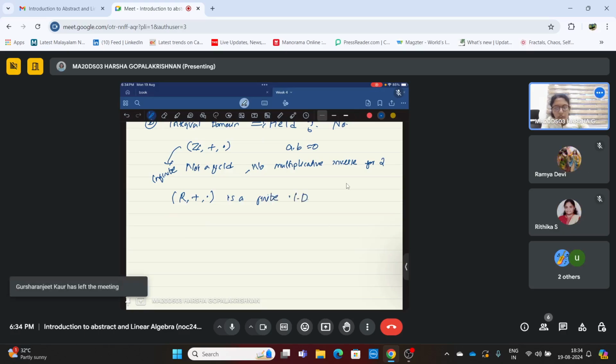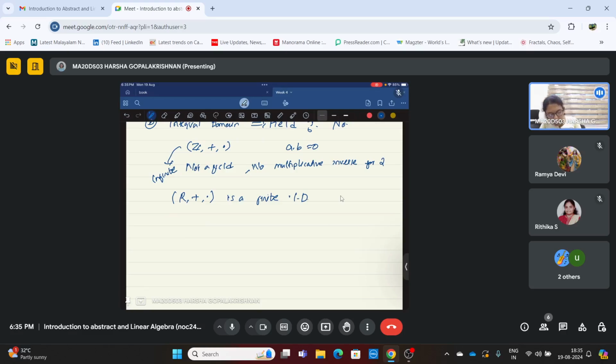We need to prove that it is a field. To prove it is a field, first we need to prove it is an integral domain, and then we need to find the multiplicative inverse for each non-zero element. In this case we have already got that it is an integral domain, so we only need to consider the multiplicative inverse.